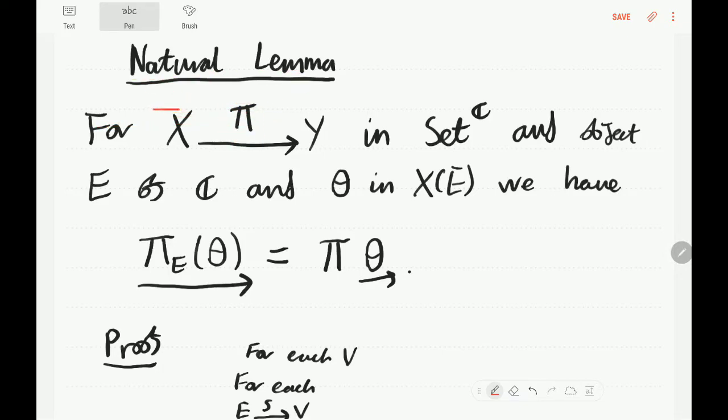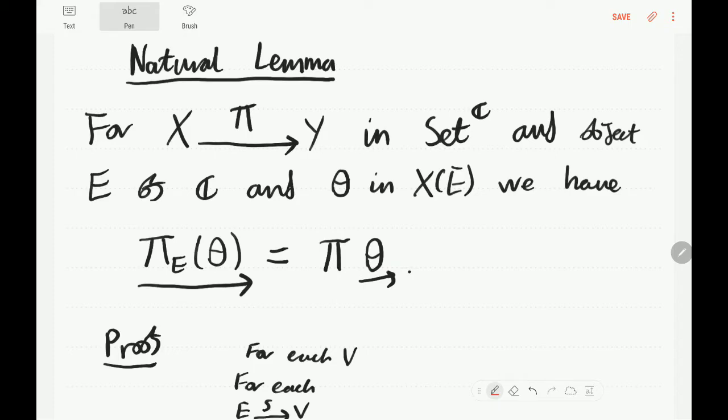For an arrow pi from an object X to an object Y in the category set to the power of C, and for an object E of the category C, and for an E-type element theta of X, we have that the natural transformation corresponding to the image of theta under the Eth component of pi, pi subscript E theta, is equal to pi after theta under arrow.